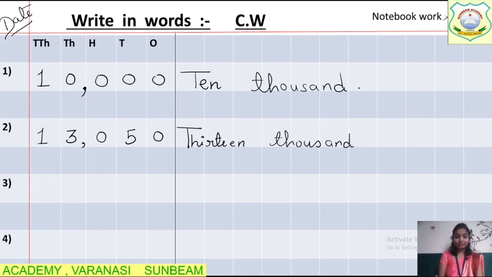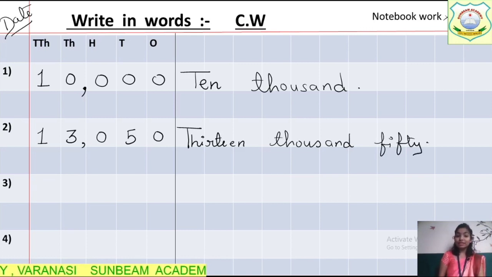So we will leave that. Then we will move to tens place. That is 5. 5 है तो क्या होगा? 50. Because ones place पे भी कुछ नहीं है तो 13,050. We need to write like this. This is your classwork. Understand and write down. Next we have 22,000.